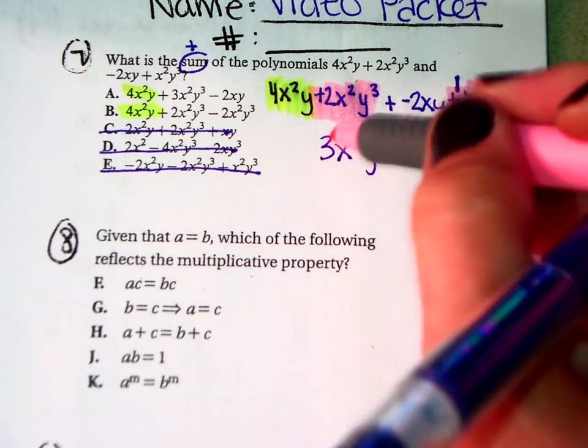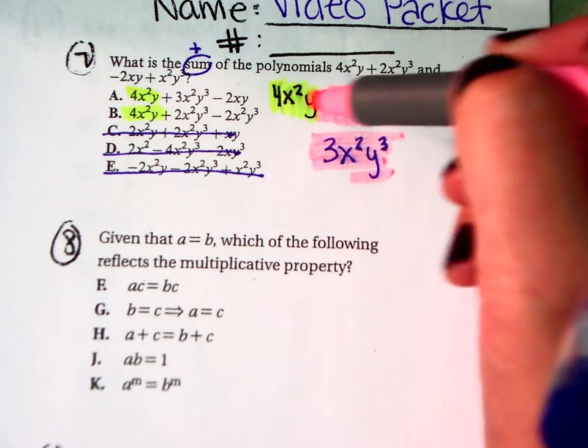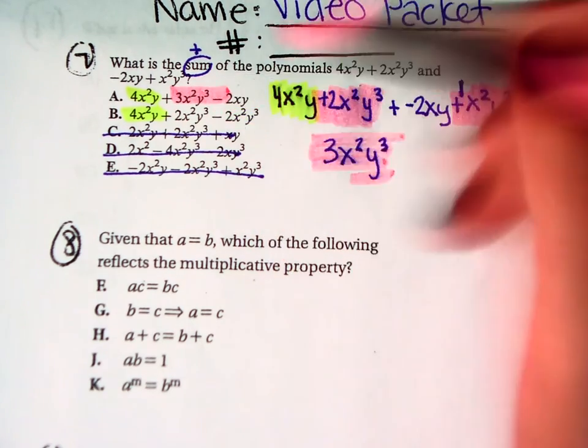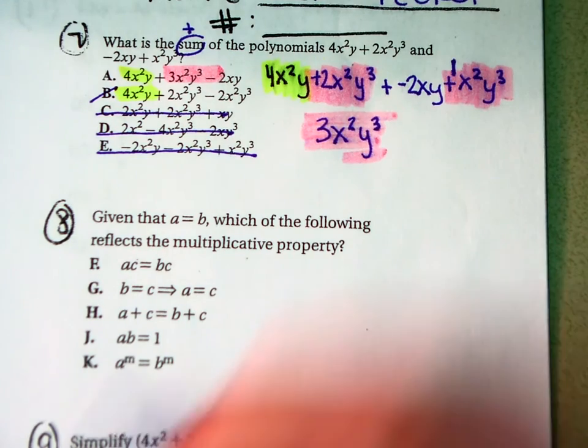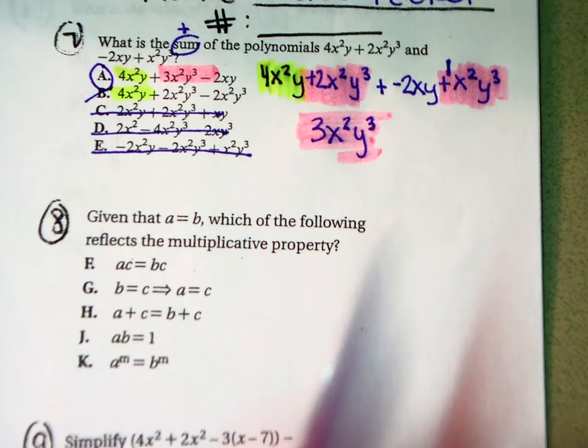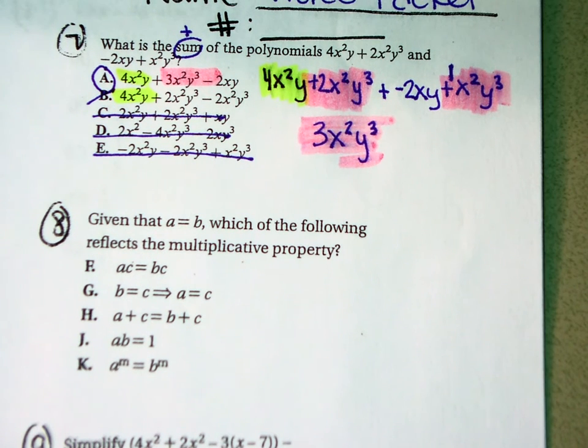So I need a 3x squared y cubed in my final answer. All right, well, 3x squared y cubed, I see it here. I don't see it here. So B is out, and A is your answer. So remember, work smarter. Okay, if you know the answer halfway through the problem, pick it.